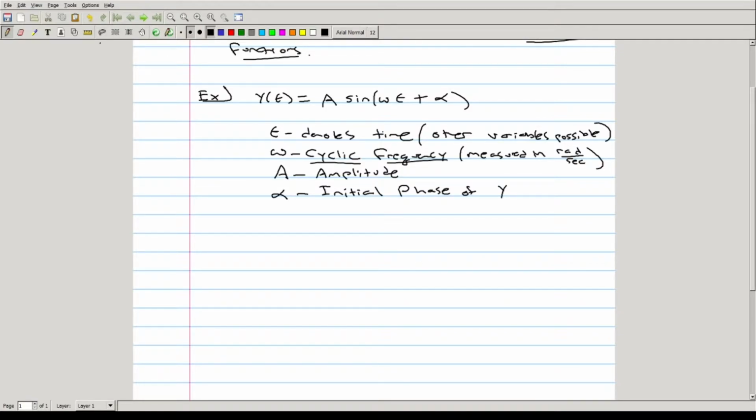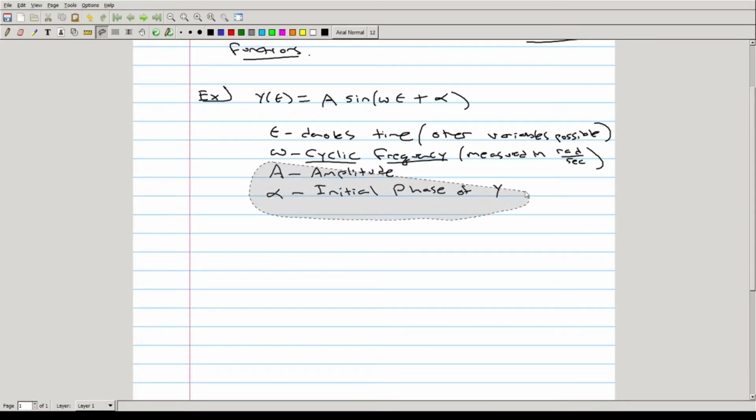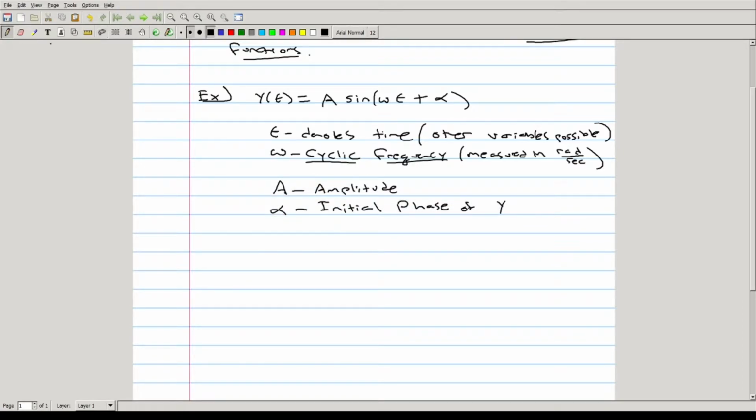Now, it's important to note here that if we have a function of this form, the period of such a function will be 2 pi over omega, whatever the cyclic frequency is. Because when we plug in t equals 0 here, we get A times sine of alpha, which gives us the value at t equals 0.